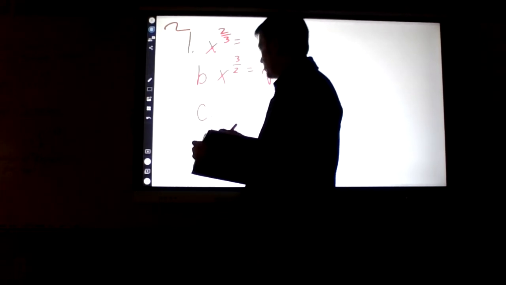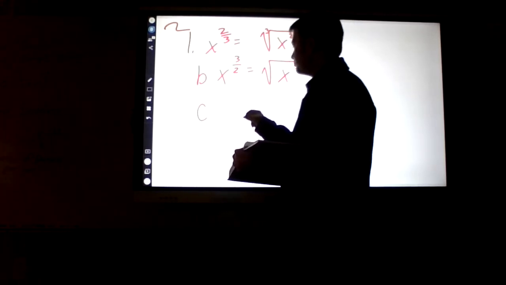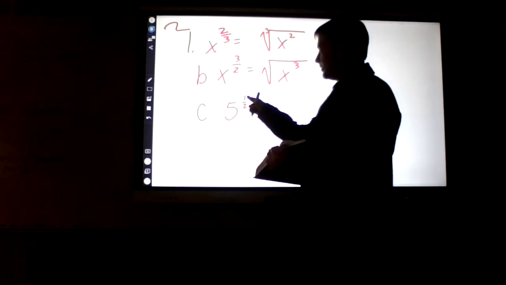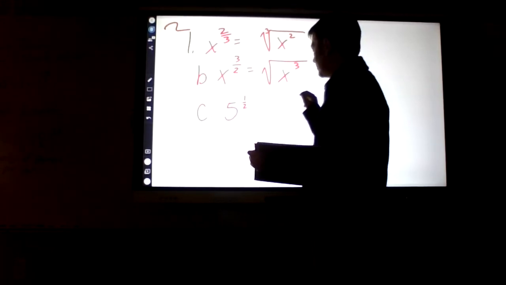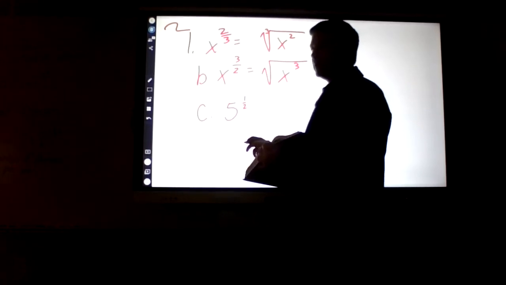5 to the 1/2, what would that be like? It's just square root of 5, right? Square root of 5 to the 1, so that's just square root of 5. What would x to the negative 1/2 be?